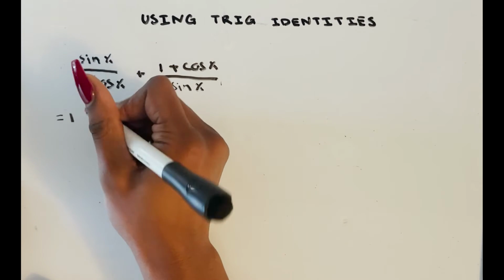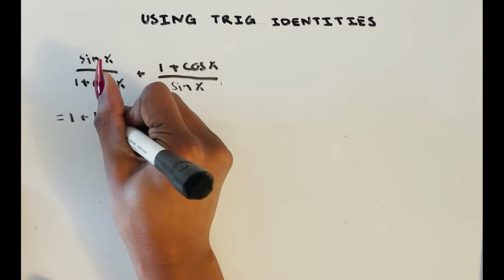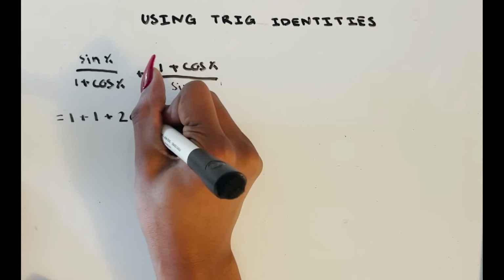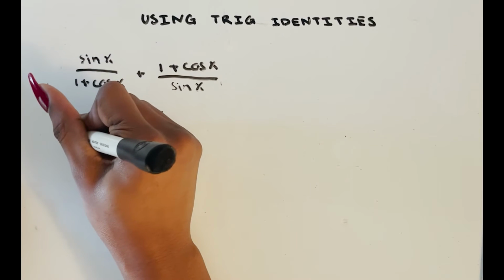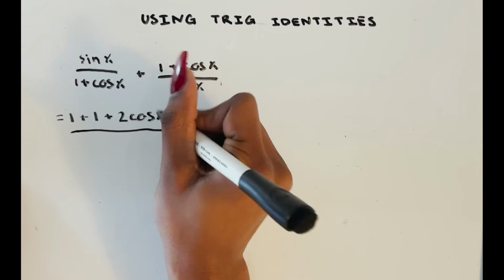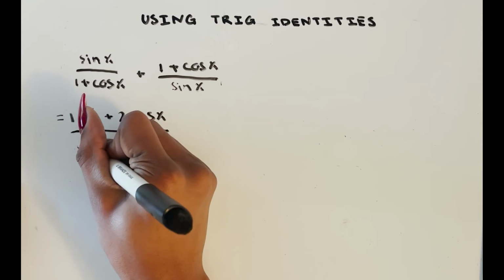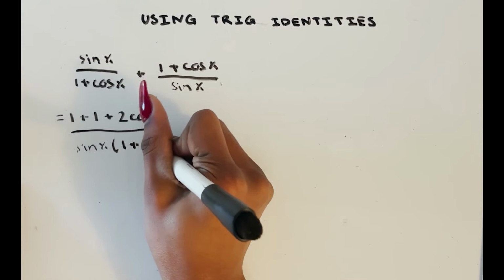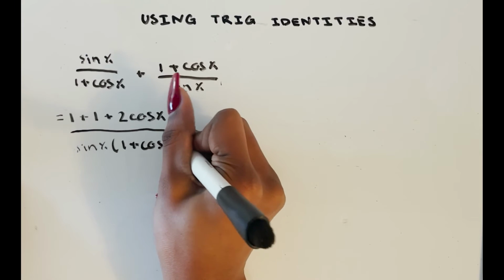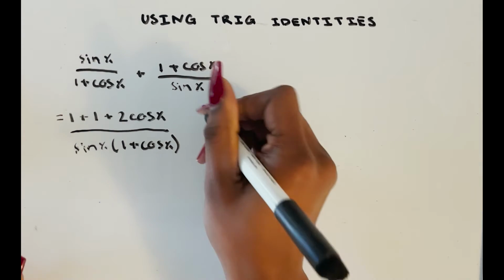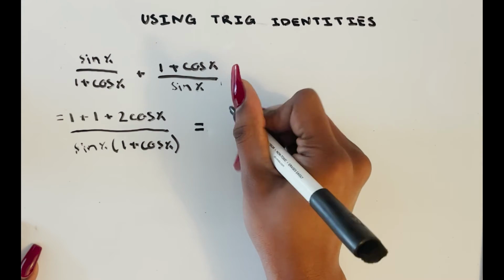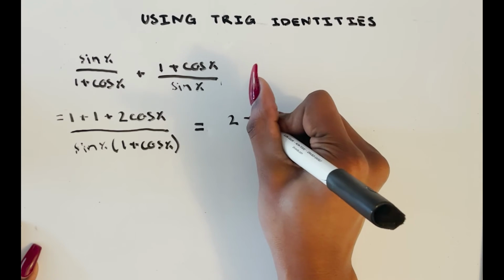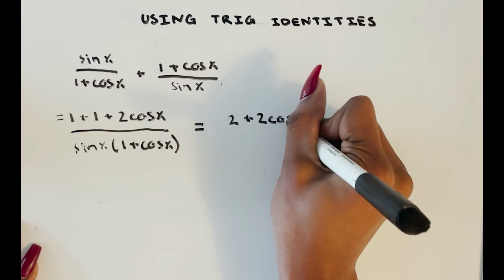All right, so we left off with 1 plus 1 plus 2 cosine of x over sine of x times 1 plus cosine x. Next step is pretty easy. We'll just add 1 plus 1. That gives us 2 plus 2 cosine of x in the numerator.